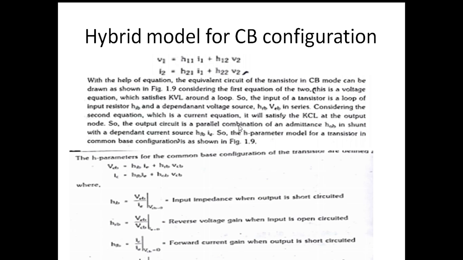So the output circuit is a parallel combination of an admittance HOB in shunt with a dependent current source HFB IE. So the H parameter model for a transistor in common base configuration is as shown in the figure.